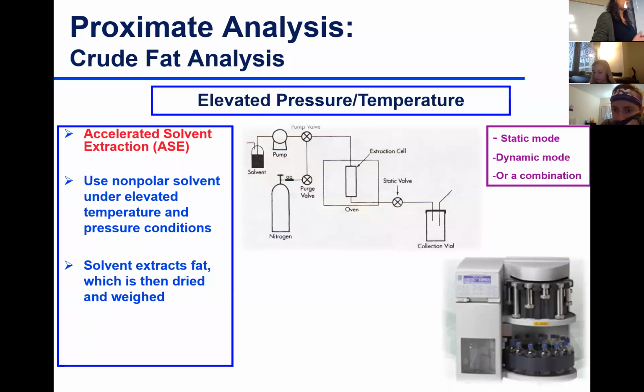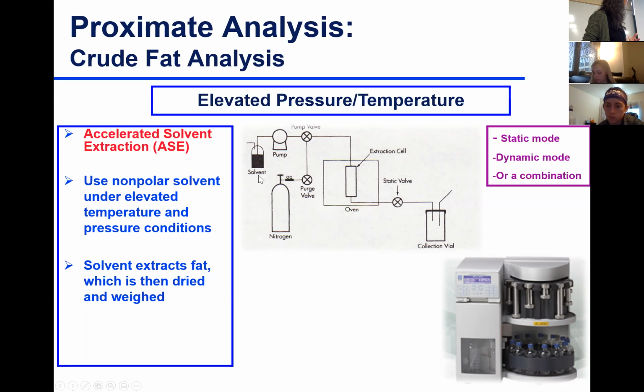For example, if you're using petroleum ether, its boiling point is 36 to 38. Now the boiling point will be higher. So you enhance the efficiency by having the solvent not evaporate so fast, just soak the sample longer and extract the fat more efficiently.